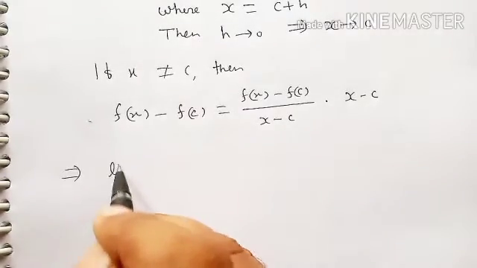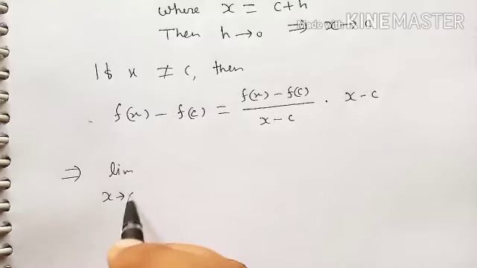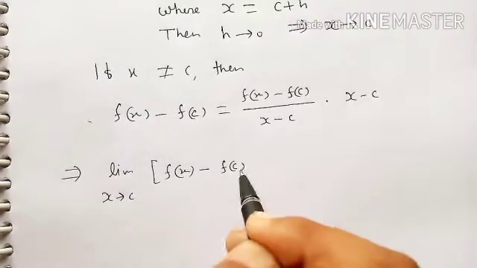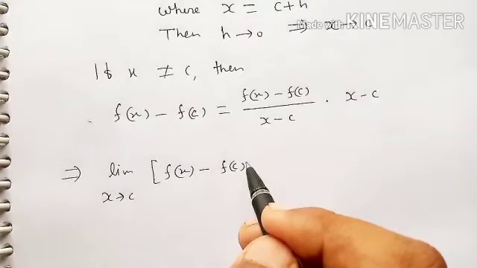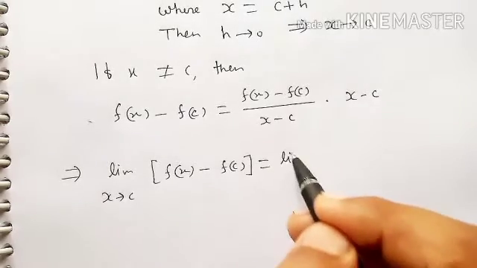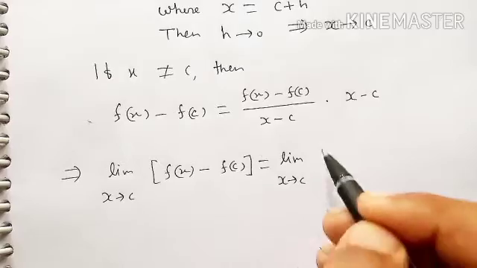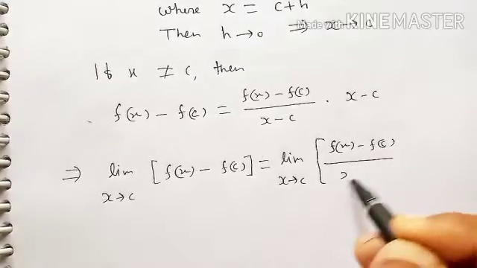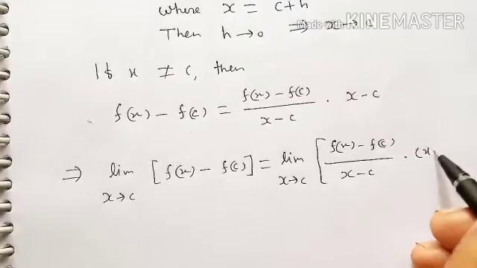This implies the limit x tends to c, f of x minus f of c is equal to limit x tends to c, f of x minus f of c by x minus c into x minus c.